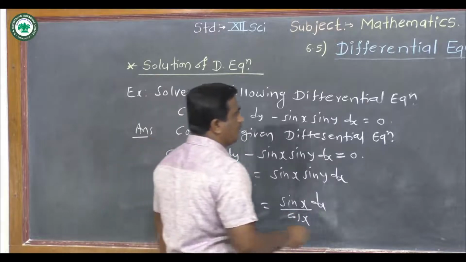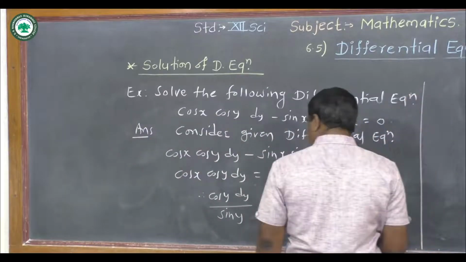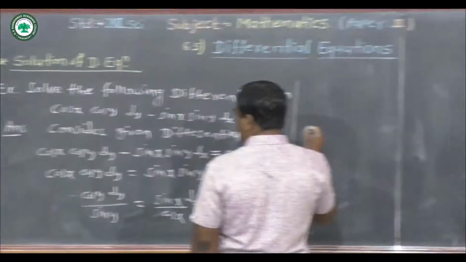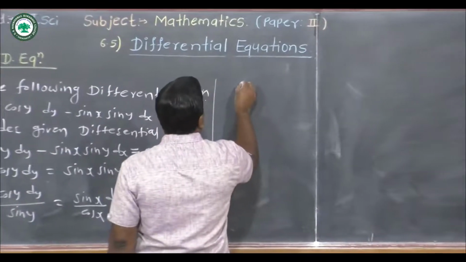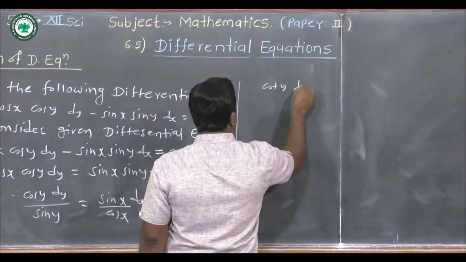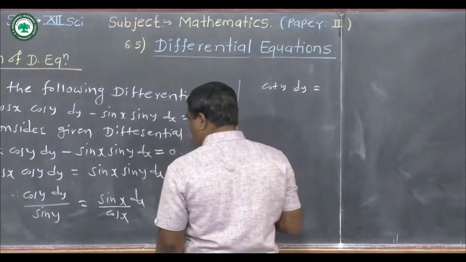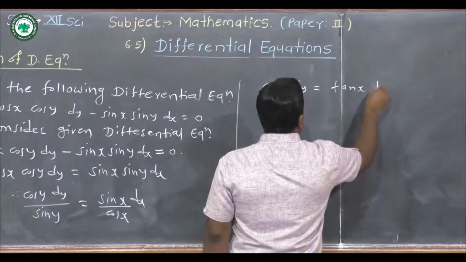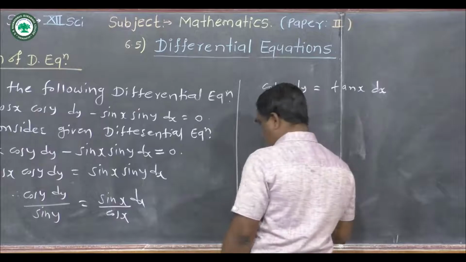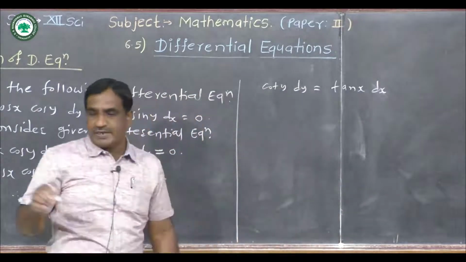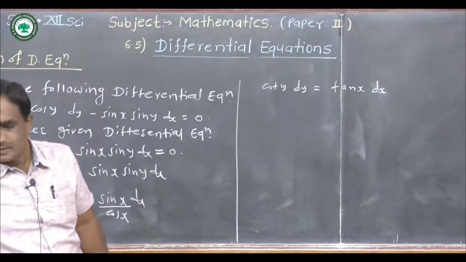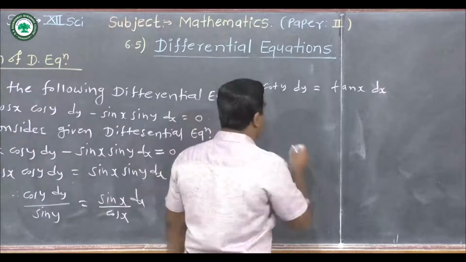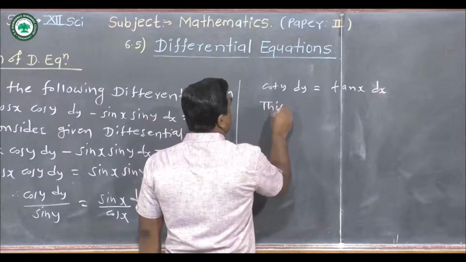That is, cos y upon sin y means cot y, so cot y into dy is equal to sin x upon cos x, which means tan x, into dx. This is the variable separable form for the given differential equation.